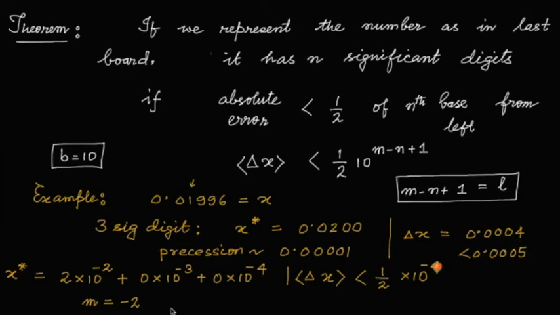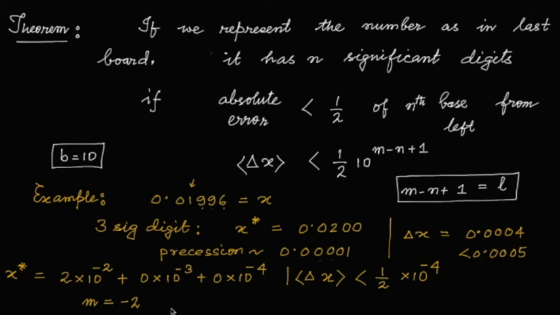Sir, actually there should be one more zero in delta x. Right. Sir, 1, 2, 3, 4. Okay. There should be one more zero at delta x. Let's see.